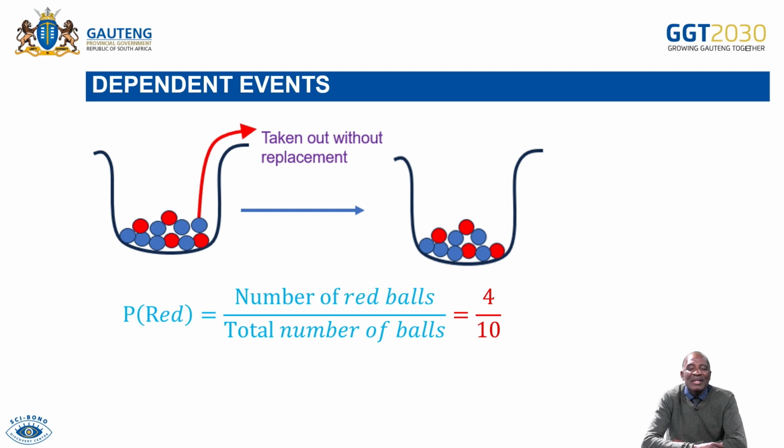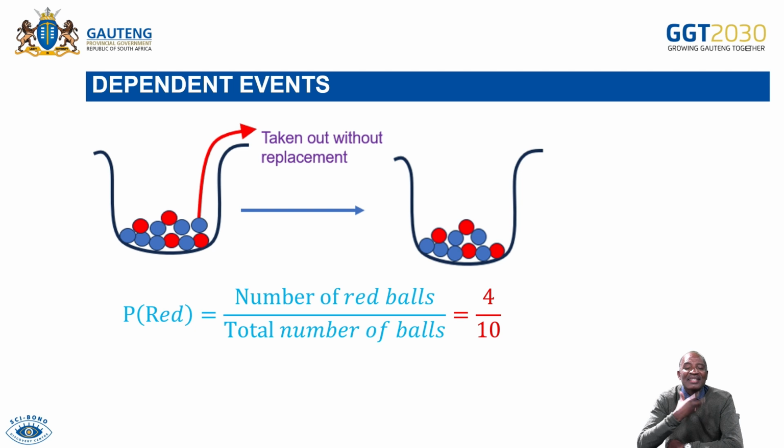It's now going to be 4 red divided by 10 balls in total. So our probability of removing a red now is going to be 4 divided by 10.